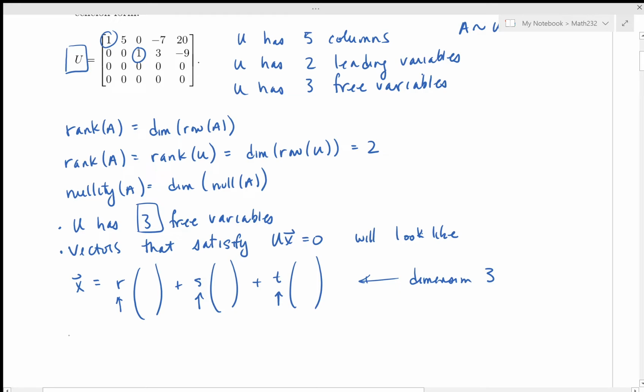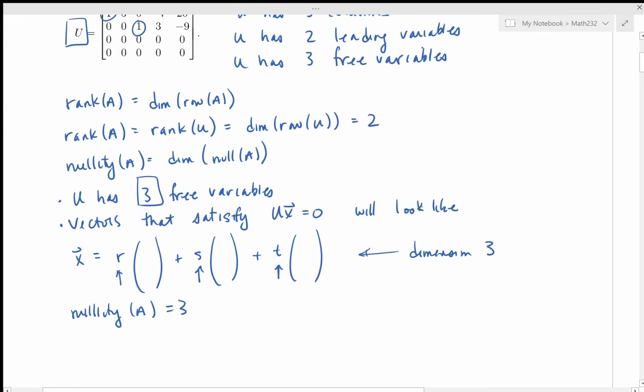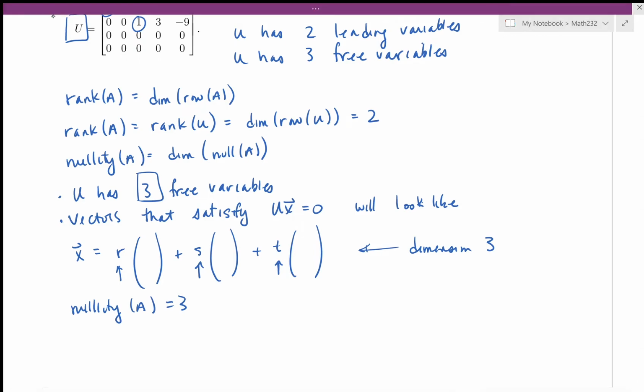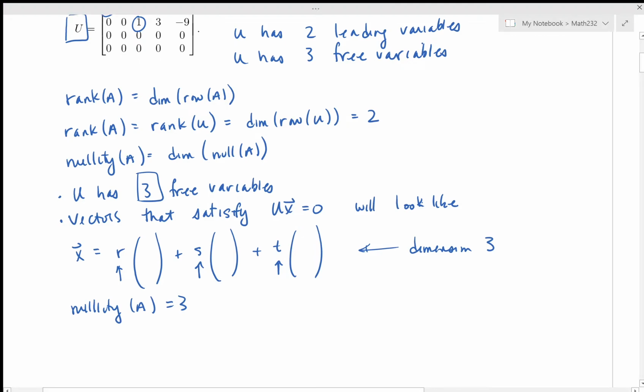So the nullity of A is equal to 3. So we have the rank of A is 2, and the nullity of A is 3. Just sort of box the main thing.